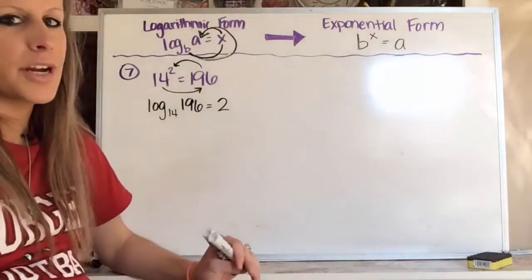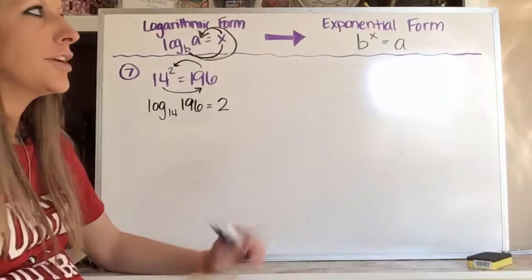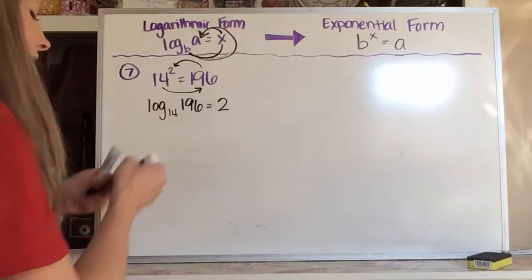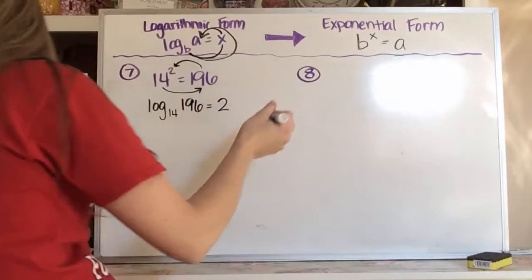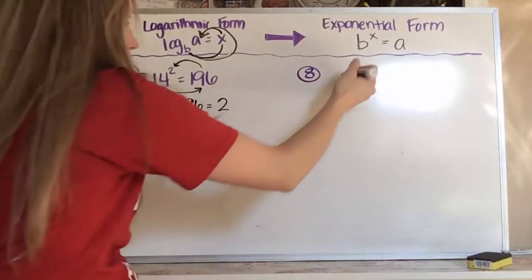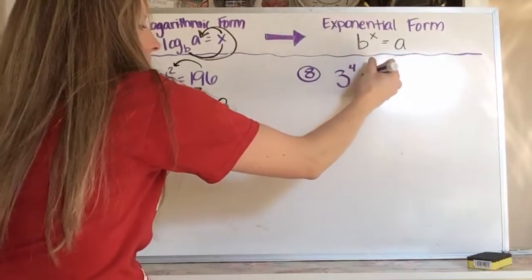We're not going to get too crazy today. We need to get the foundation first. Number 8 says 3 to the 4th power equals 81.